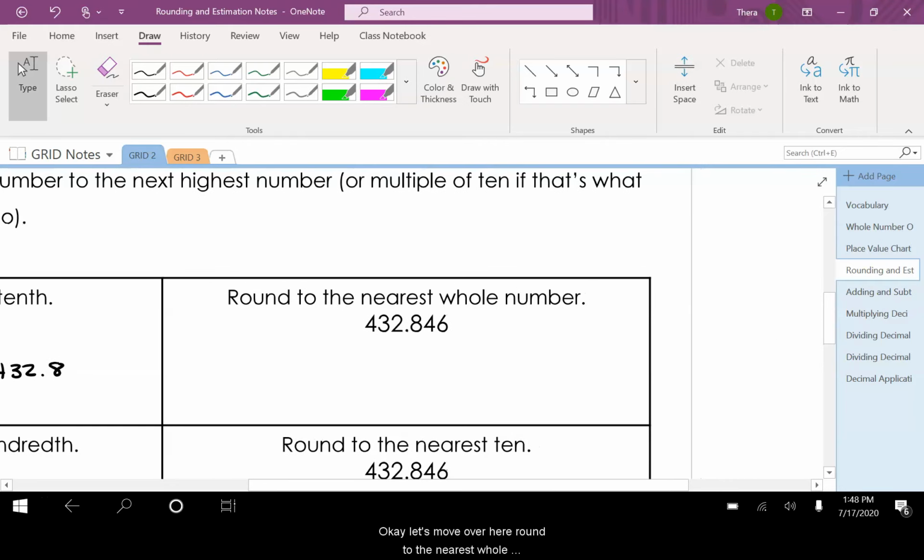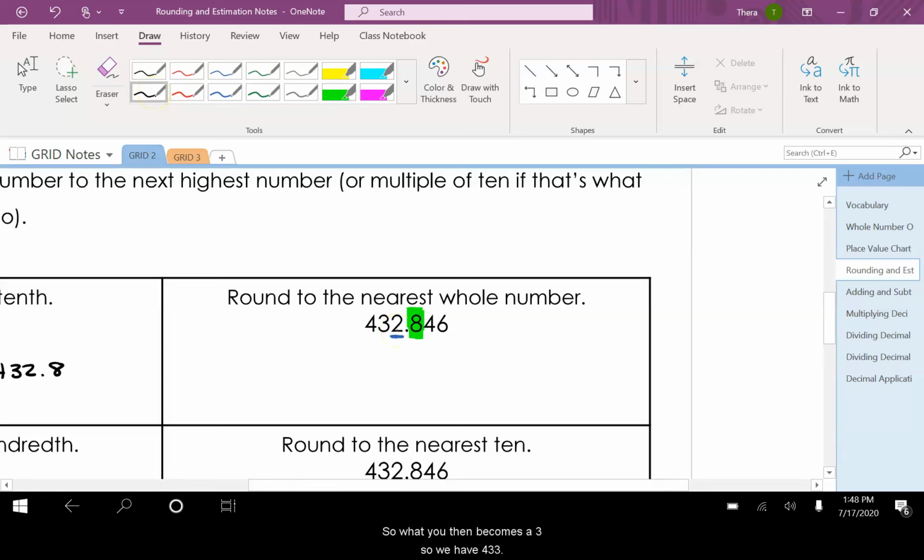Round to the nearest whole number. When you see this, it is asking you to round to the ones place. We're going to highlight the digit to the right, and then we look at it. It is 5 through 9, so we have to change the underlined number to the next highest digit.